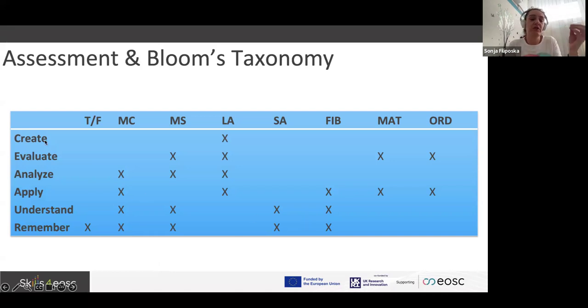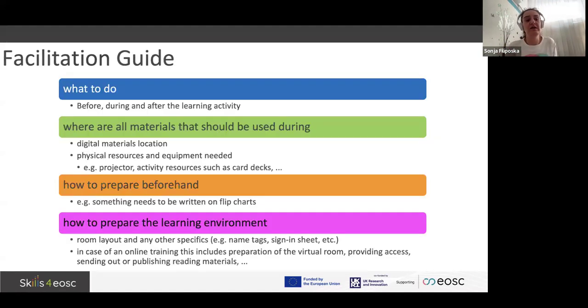But if you want something on the highest level, create, then you need to figure out a different way to assess, because true/false is not going to do it. In this case, you have a large answer, which could be an assignment, case study, problem solving, whatever you decide.